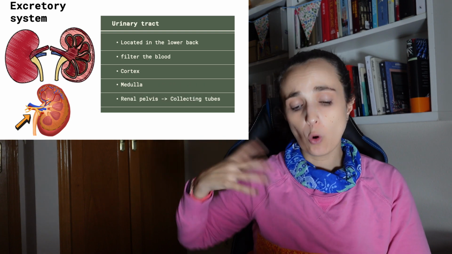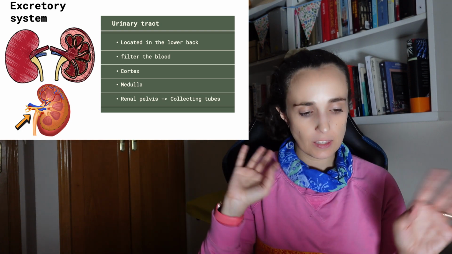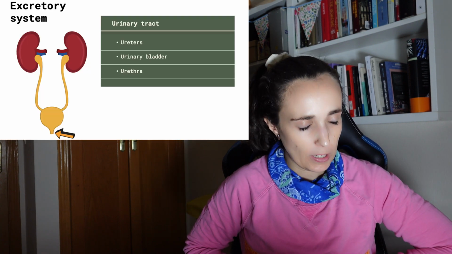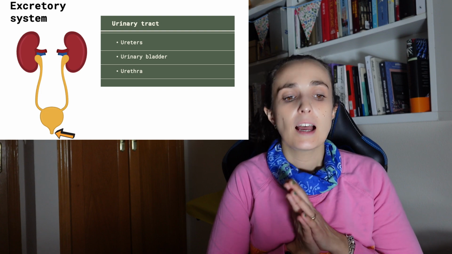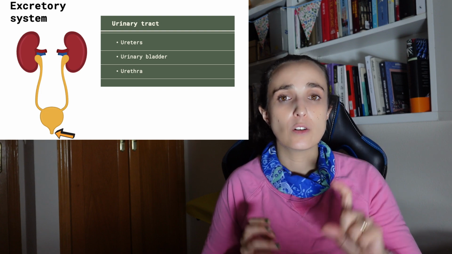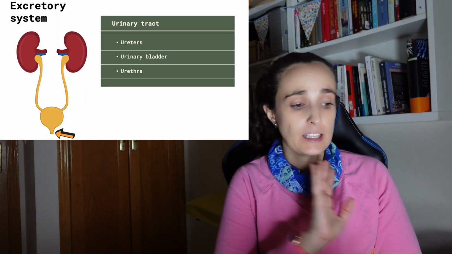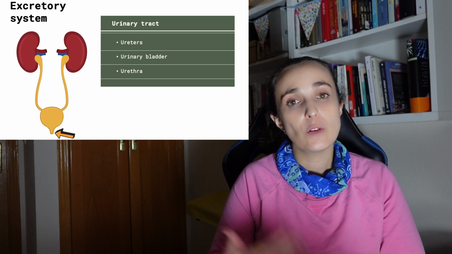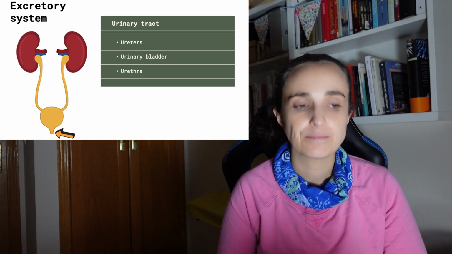Okay, all these tubes will merge in one big tube for each kidney called the ureter, and both ureters, right and left, will end in the urinary bladder. From the urinary bladder, just to go outside, we just have a conduct which is called the urethra. It's gonna be longer in males, smaller, shorter in females, but in the end the urine, the result, is gonna be excreted.